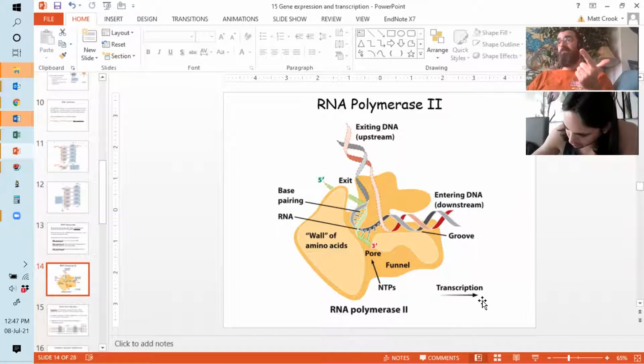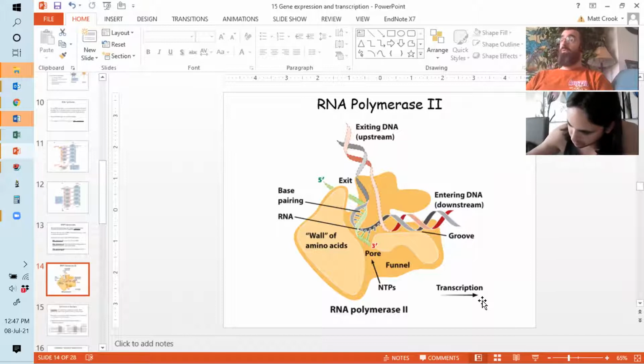We have transcription, which is just making the RNA. And then we have termination of transcription. So those are the three things that we need to cover before moving on to RNA processing in eukaryotes. That's really what the rest of this PowerPoint is about. We'll get through as much of it as we can today, and anything we don't, we'll continue on Tuesday.